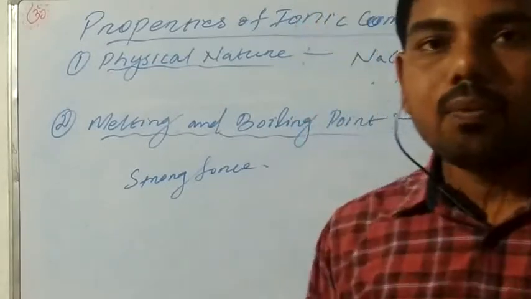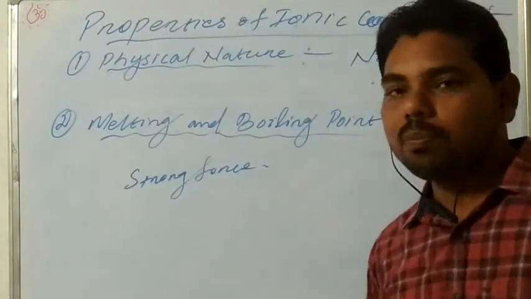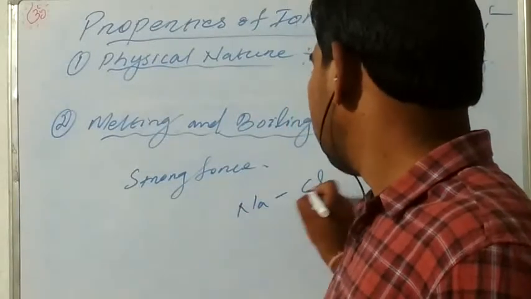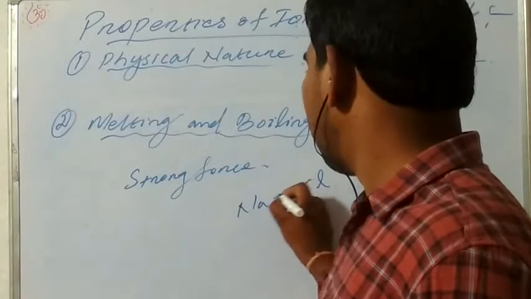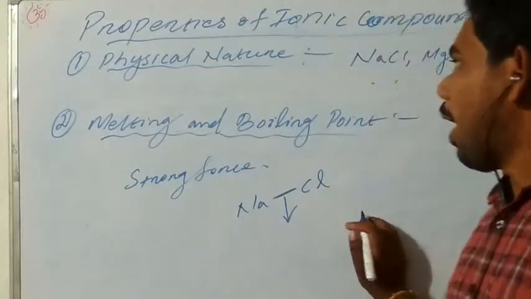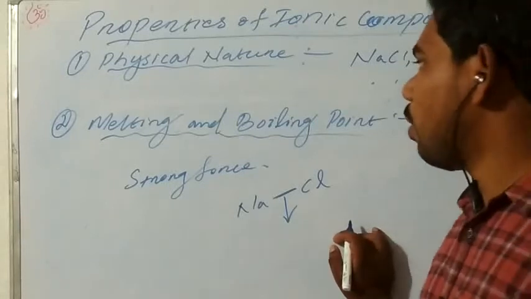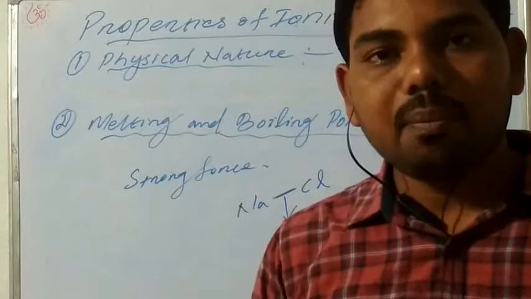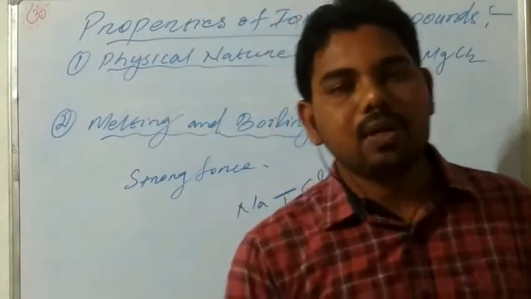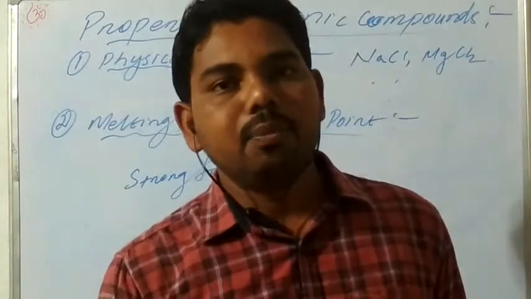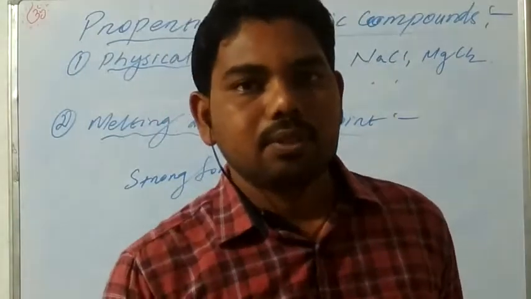That's why more energy is required to break this bond. Like NaCl, between the Na and Cl we are breaking this bond, so more energy is required. That's why ionic compounds have high melting and boiling points, because more energy is required to break the bonds between the ions.